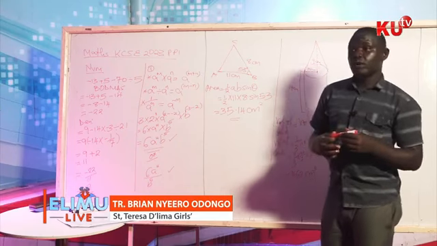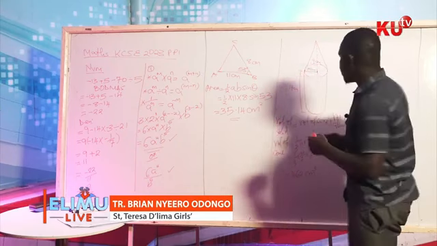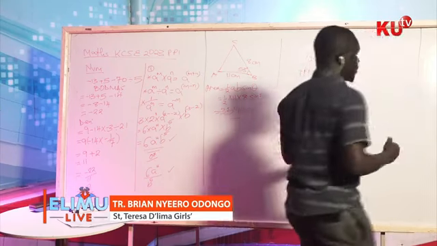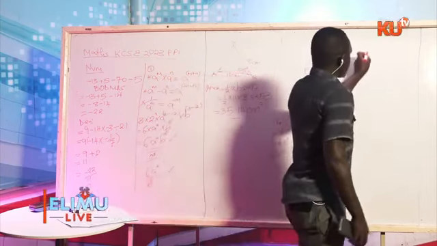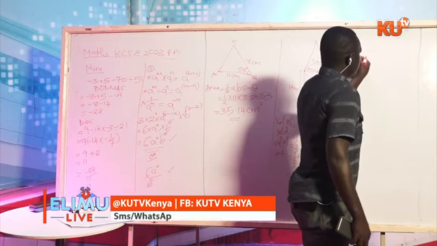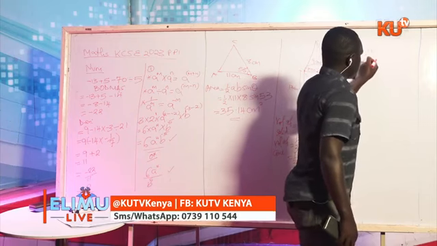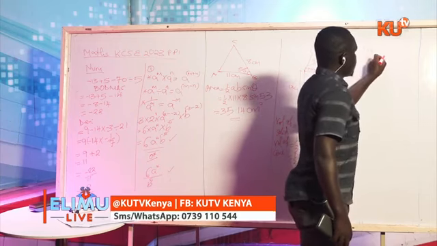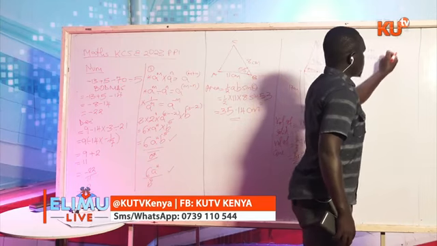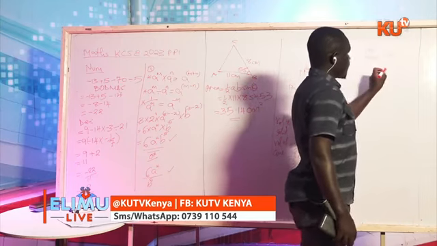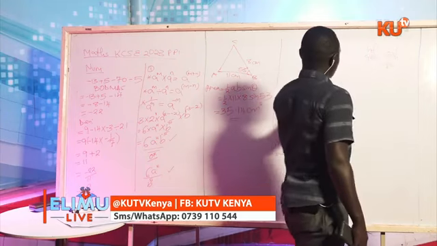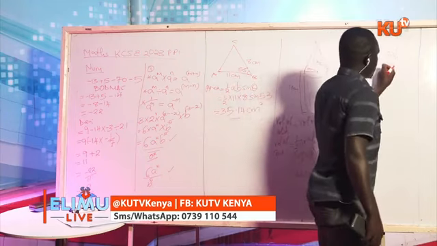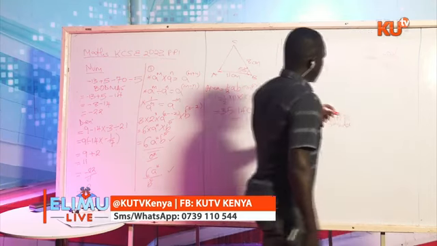Let's also work out now the volume of the cylindrical part, dear students. How do you work out the volume of the cylindrical part? You simply say that the volume of the cylinder is given by pi r squared h. Now, the pi is 22/7, times the radius, which is 7 squared, times the height of the cylindrical part.